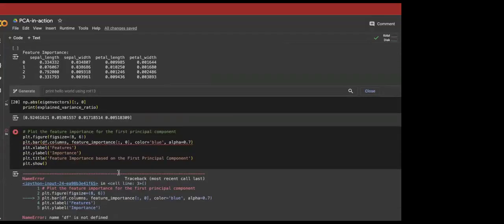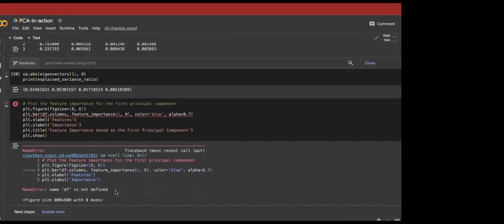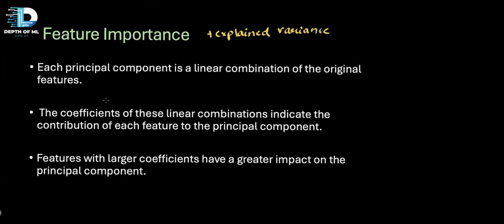I'll have to rerun this notebook. I have not run this, so it's giving me an error. But the point of this whole exercise is that you can actually determine the importance of every feature, and hence PCA is helpful in doing feature importance.